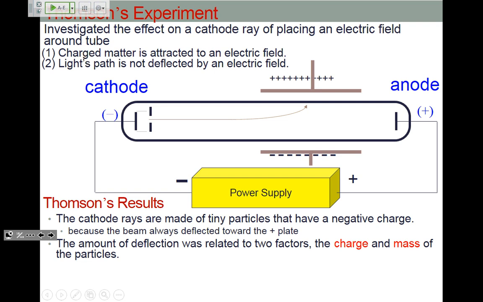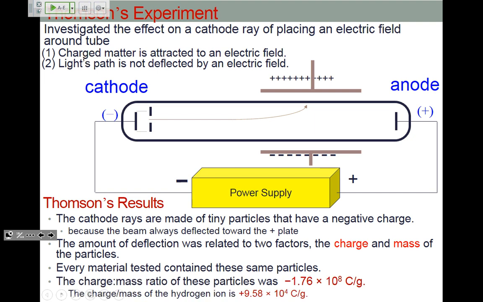So he was able to calculate the amount of charge in this particle based on that. And he also found that every material tested contained these same particles, which is key. So he tested this with a lot of different materials, and it always went towards the positive end.